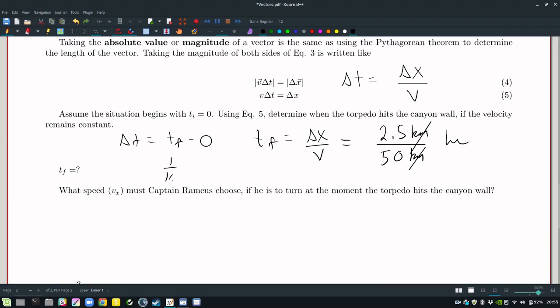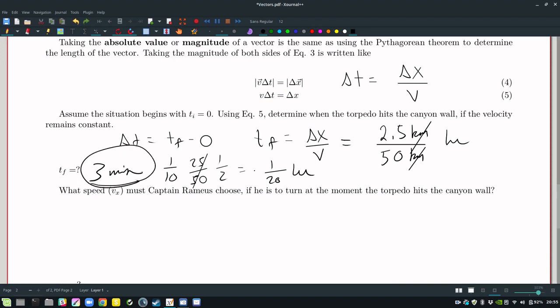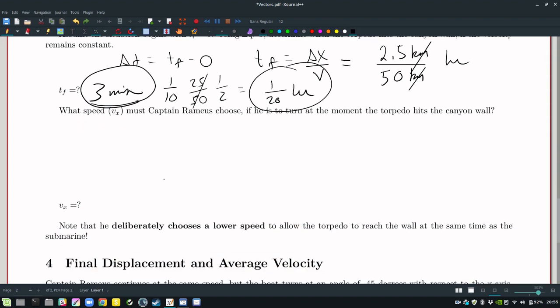That's like saying 1 over 10, 25 over 50. That's a half. So this is 1 over 10 times 1/2, which is a 20th of an hour, and that happens to be 3 minutes, if you convert that to minutes. So a 20th of an hour, or 3 minutes.